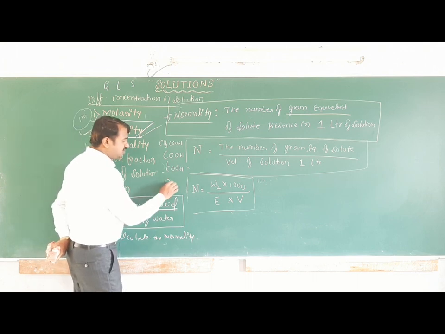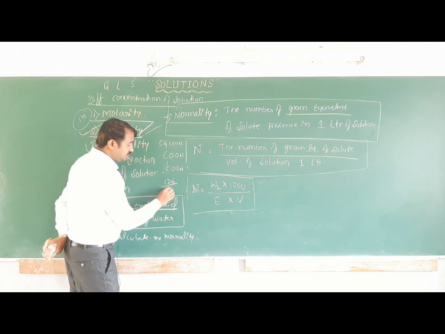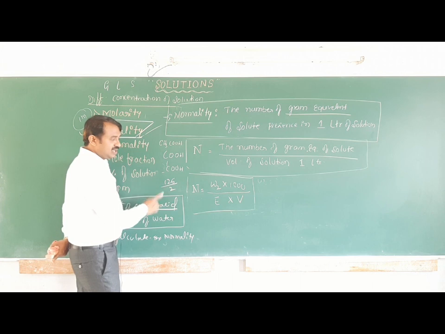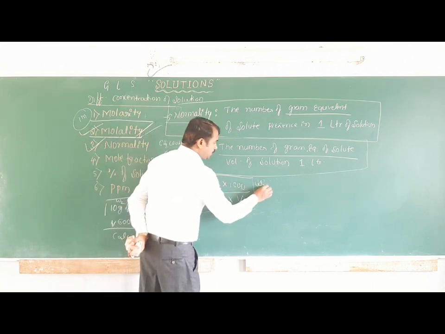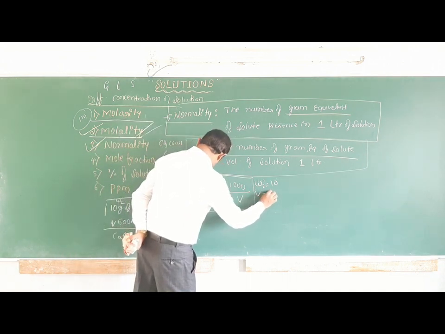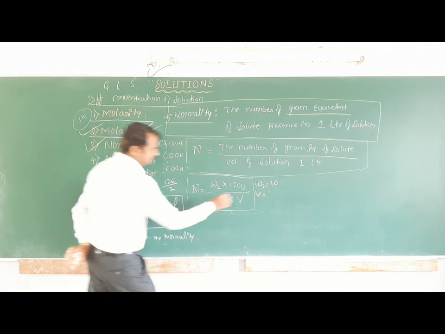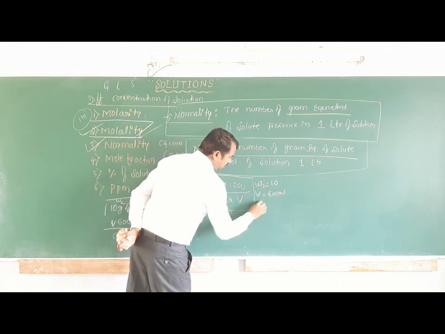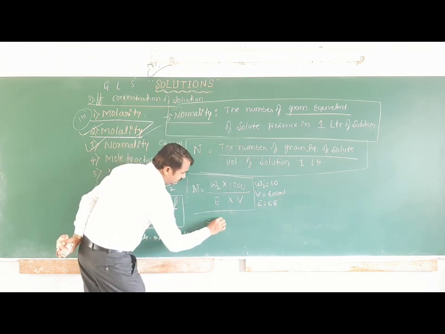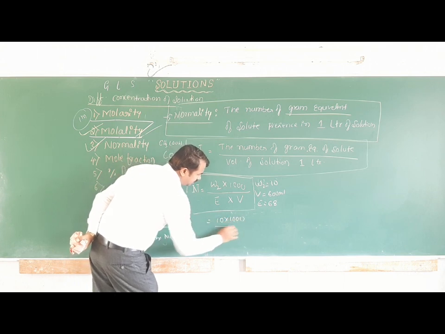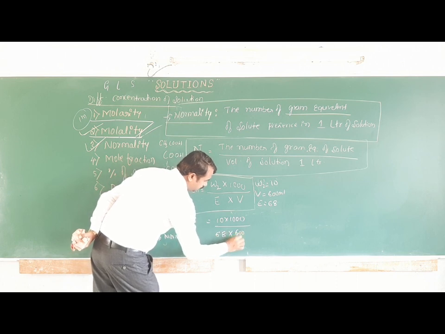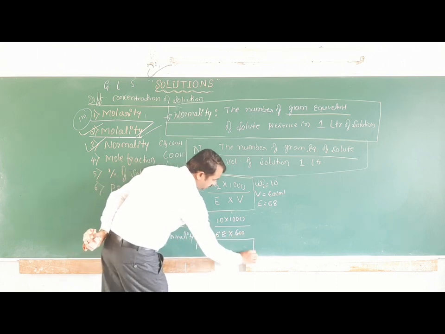The molecular weight of oxalic acid is 126, and since it is a biacid you divide by 2, which gives 63. Here W2 equals 10 gram, V equals 600 ml, and E equals 63. So N equals 10 into 1000 divided by 63 into 600, and you will get the normality of the solution.